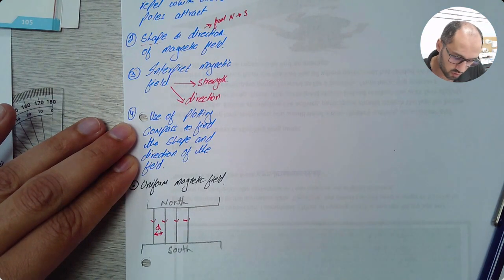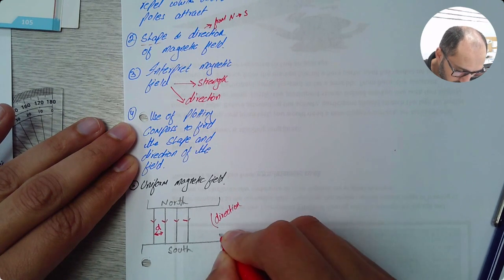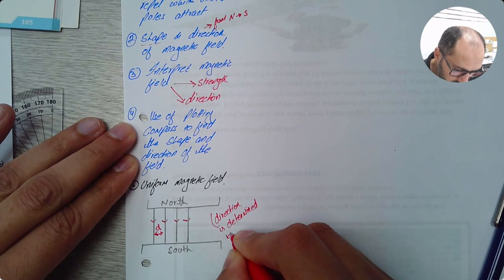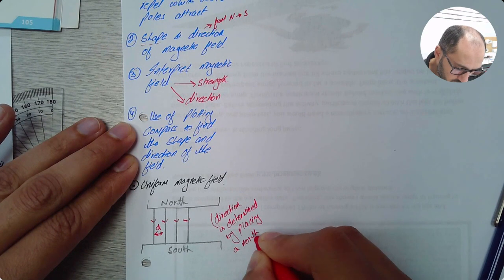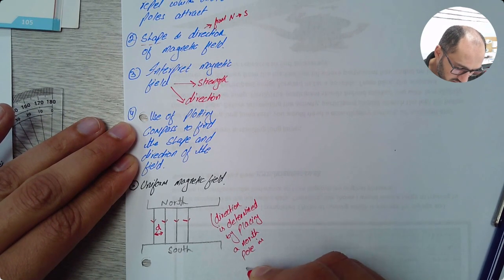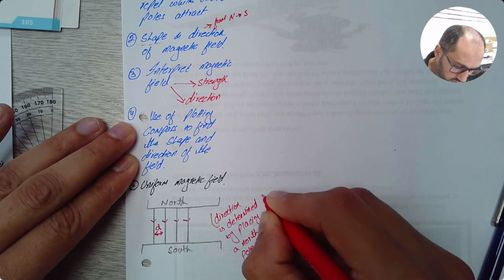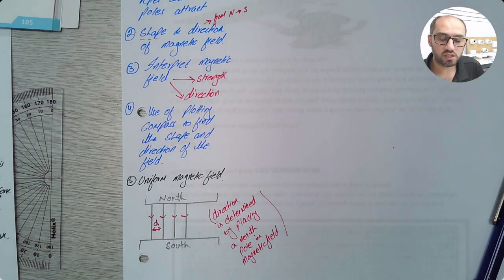I can tell you one more thing here, and that is the direction is determined by placing a north pole in the magnetic field. Like when we were doing the last topic, we said we will use a positive charge, called a test charge, to determine the direction of the electric field.